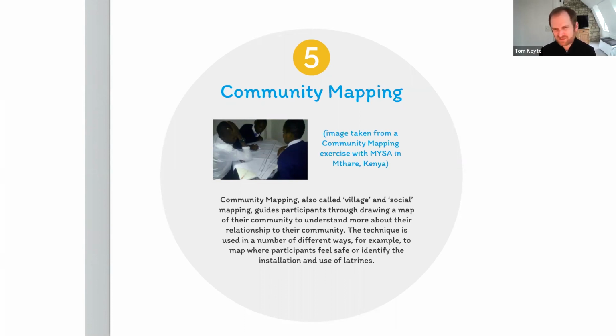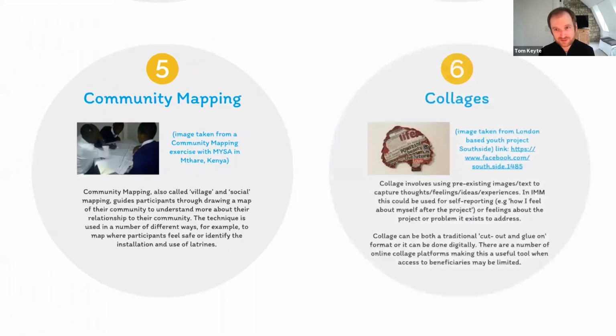But that's the most extreme example I've seen on it. In this example, in the photo here in Kenya, it was a different exercise, and we combined it with a survey. There are a number of different ways to use this, and I'm keen to reflect that in the guide and e-learning as well. But it's a great technique to use.